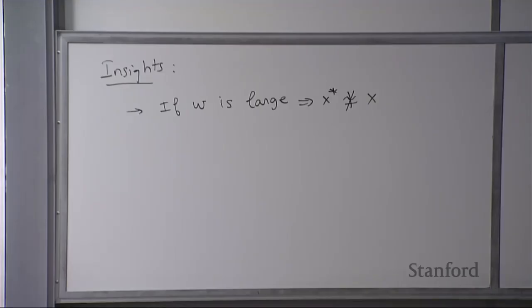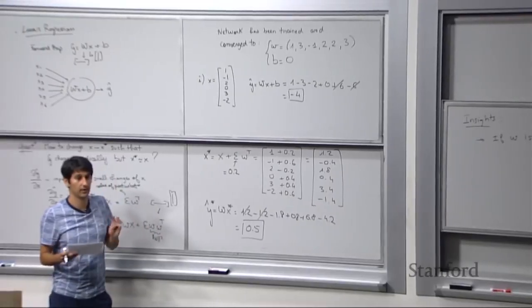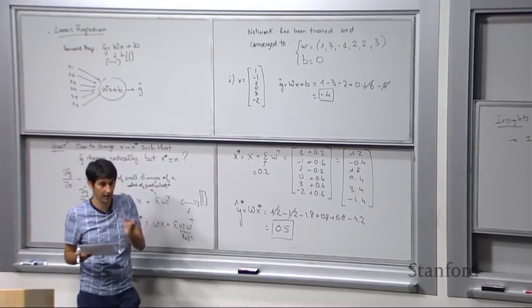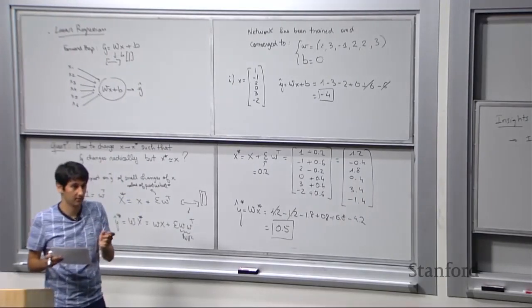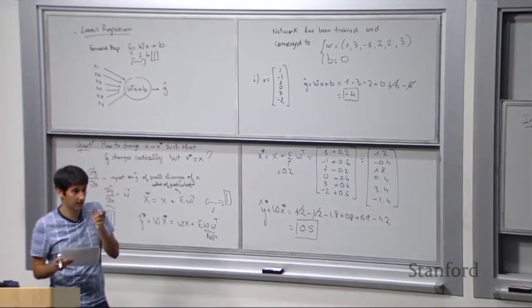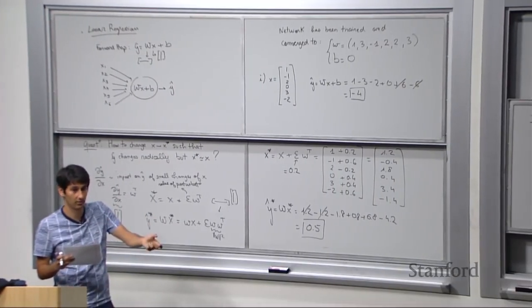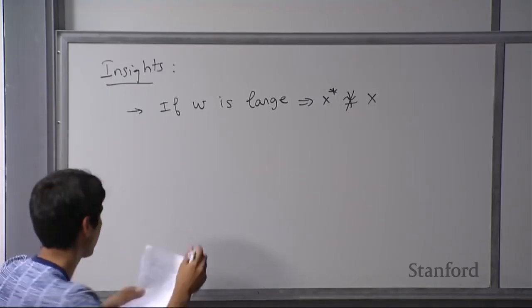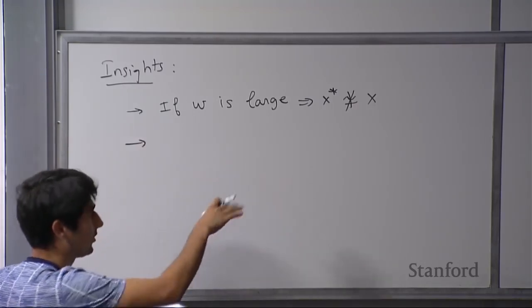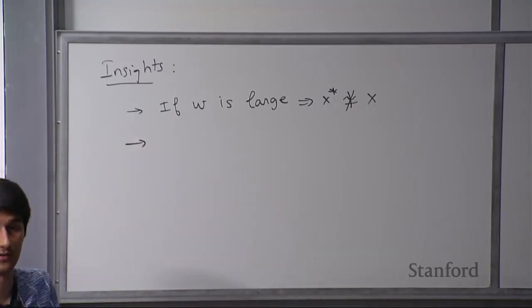The larger the W, the less x star is likely to be like x. Specifically, if one entry of W is very large, xi, the pixel corresponding to this entry, is going to be very different from xi star.